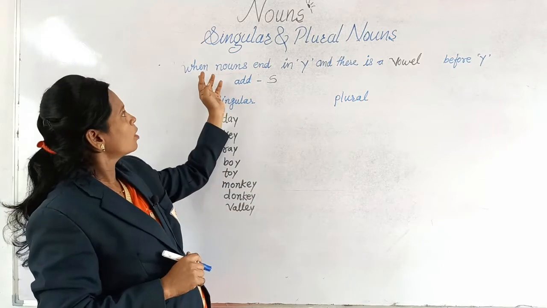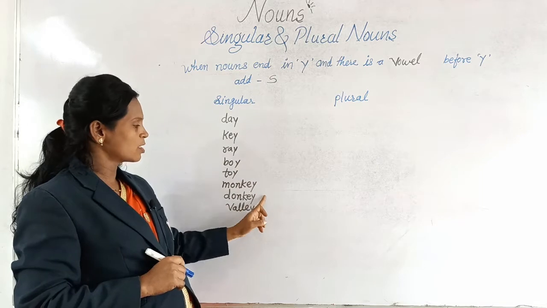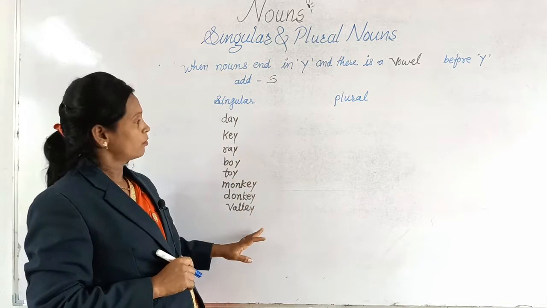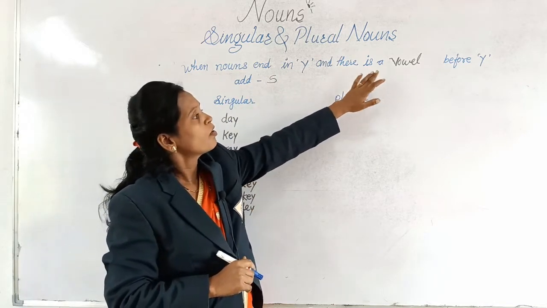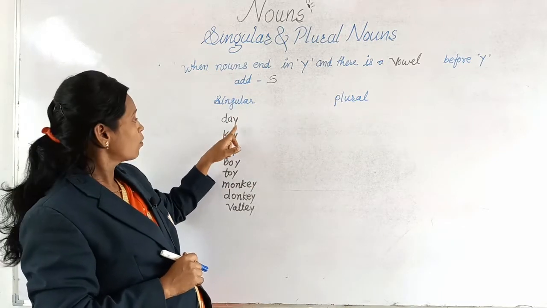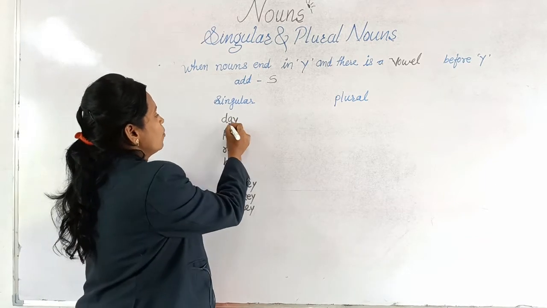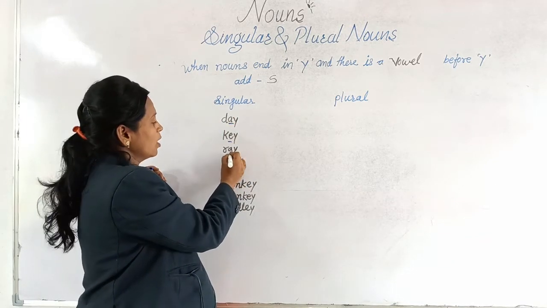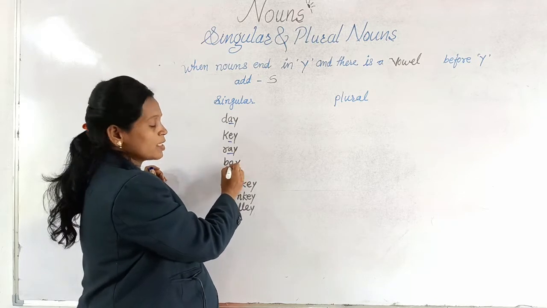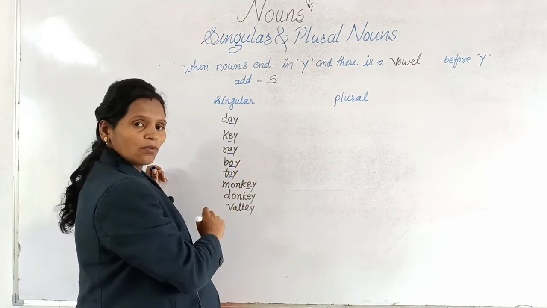First of all, when nouns end in the letter Y, all these words end with a Y, and there is a vowel before the Y. A is a vowel, E in key is a vowel, A is a vowel again, O is a vowel, and E is a vowel here.